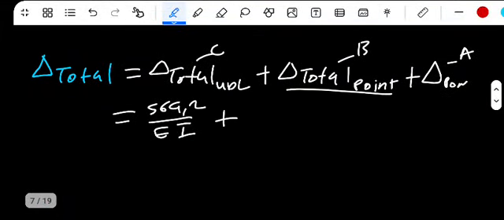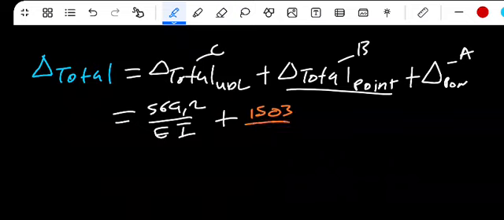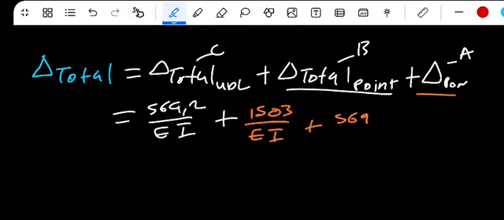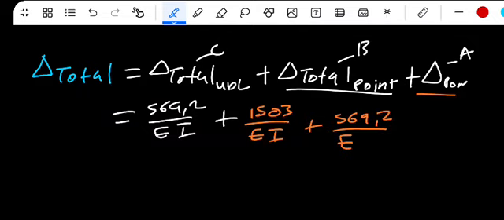We are just adding the totals that we have: 1503 over EI plus this other one that we add at the end, which is 569.2 over EI.